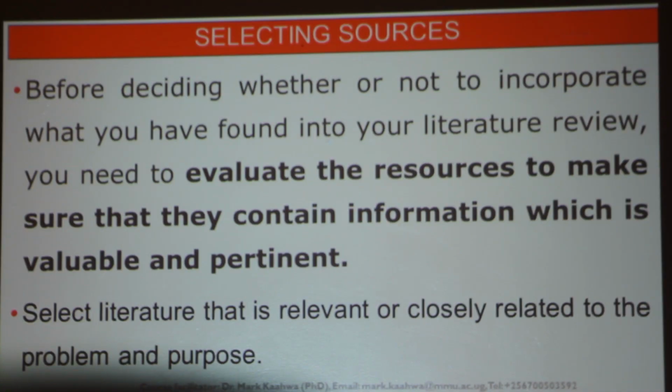But as a researcher, you have to filter that information so that you only review information that is authentic, and first of all relevant to your research. So select literature that is relevant or closely related to the problem and purpose.